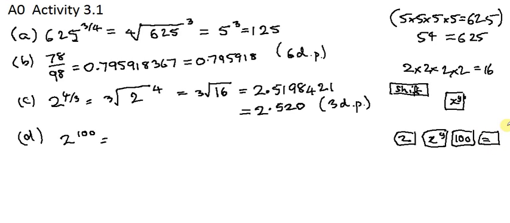Yours may be slightly different. You have to learn your way around the calculator. I get my result written in this form: 1.2676506 times 10 to the power 30.